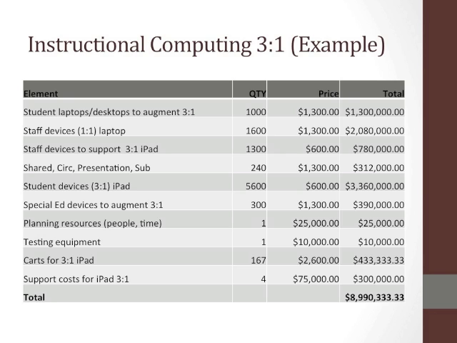So here's one example of what it might look like to try to achieve a 3-to-1 ratio. And in this example, just for ease of example, I'm going to use a $600 iPad as that device. So just running down the lines here, you'll see that student laptops and desktops would still be needed to do certain functions of the district, but we certainly wouldn't need them at the ratio that they are currently implemented.